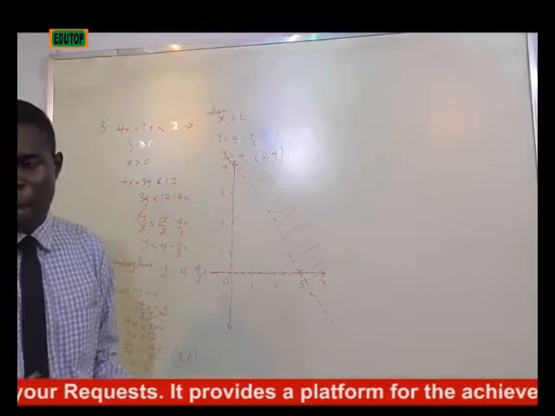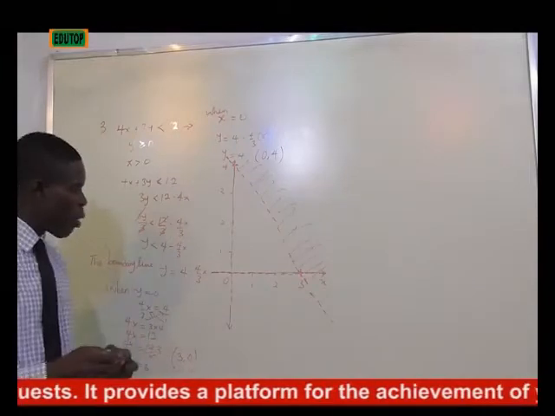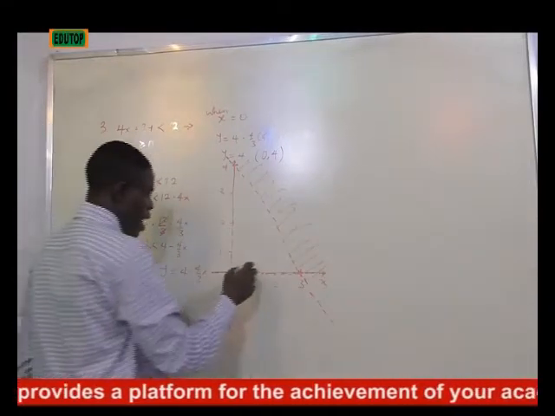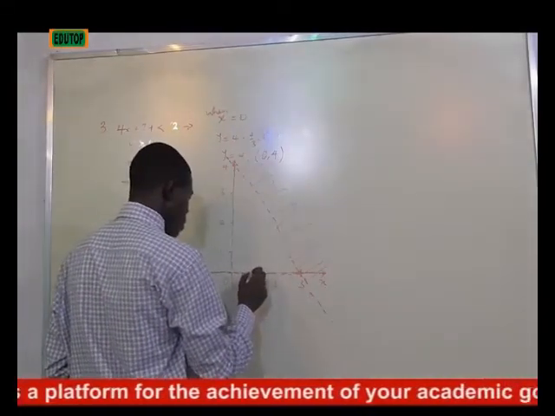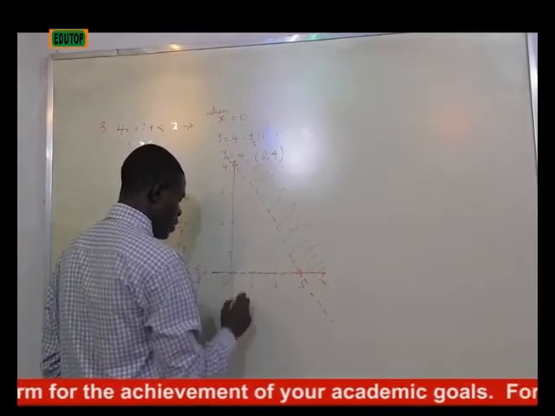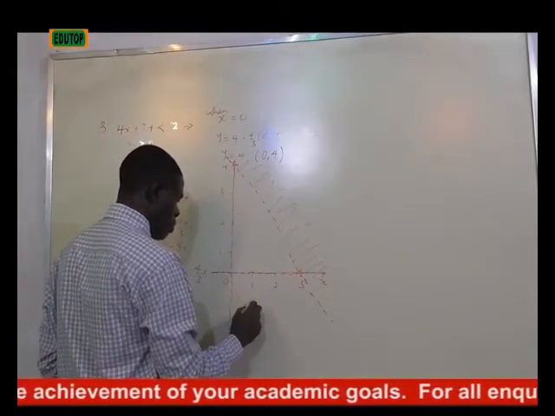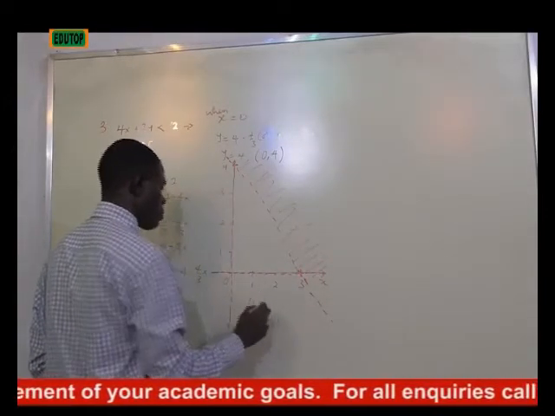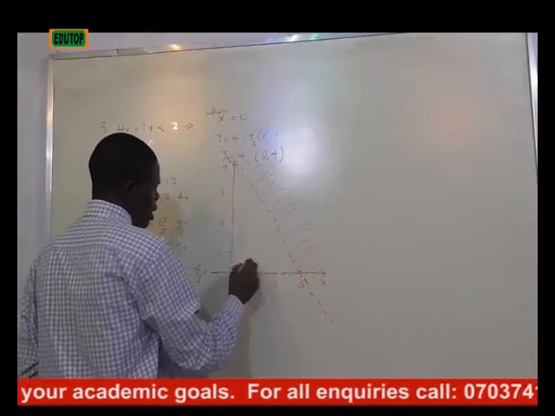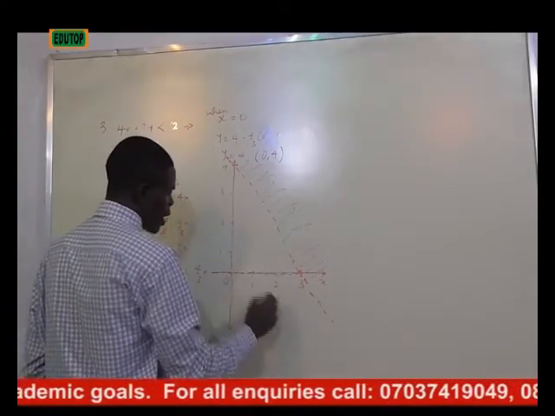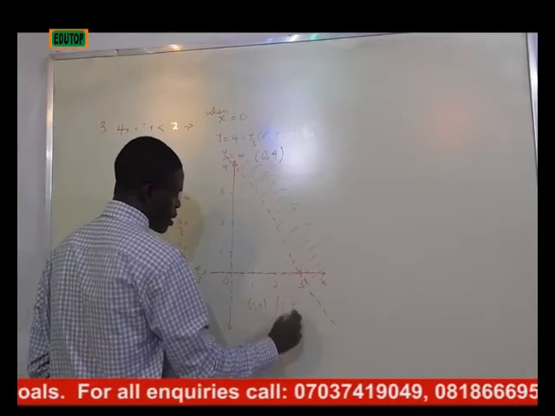So if we are to solve this inequality graph simultaneously and solve for our values, at this point where our x is 1, y is 0. So we can consider that point (1, 0). Then we can also consider this point when x is 1, y is 1.